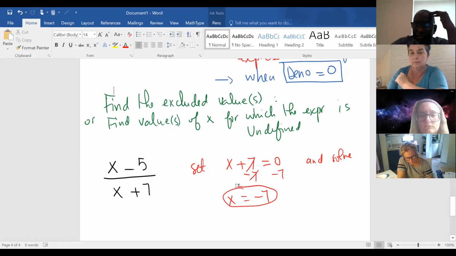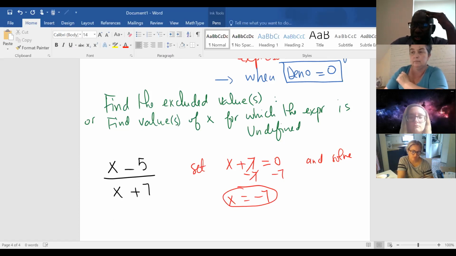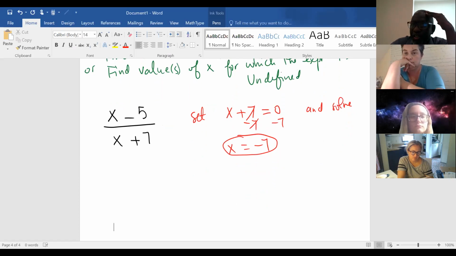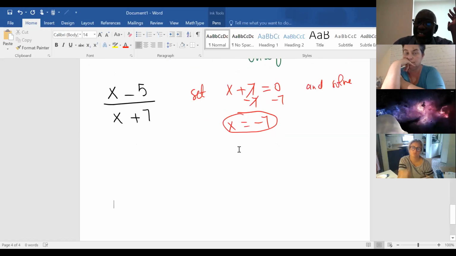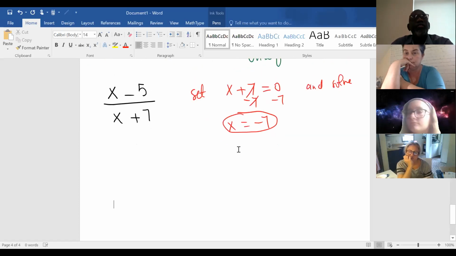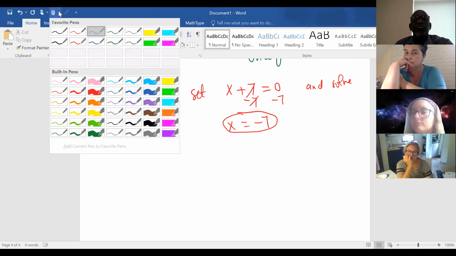But don't be mistaken. These questions can be easy if the denominator is easy. They can be very hard if the denominator is very hard, right? No telling. Okay. They can be very easy or they can be very hard. Okay, let's go ahead, do these two right here.